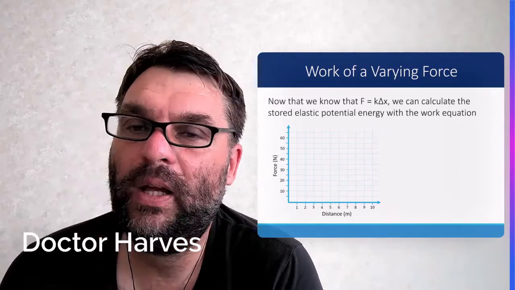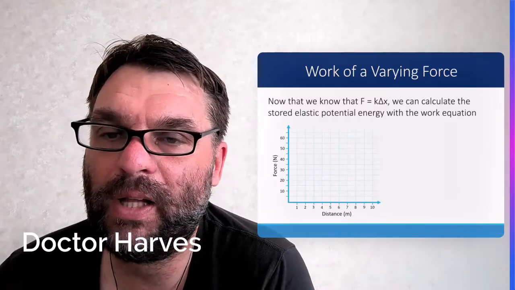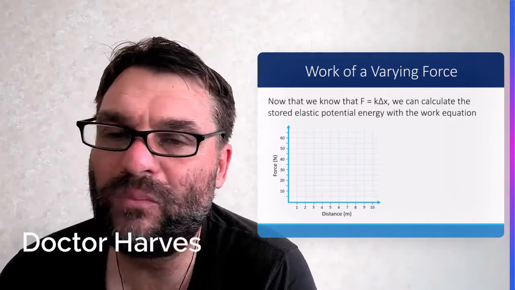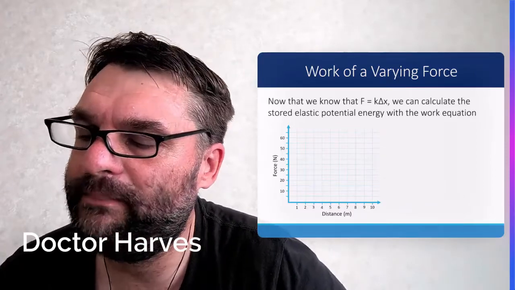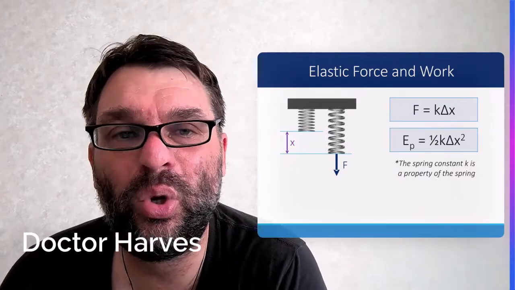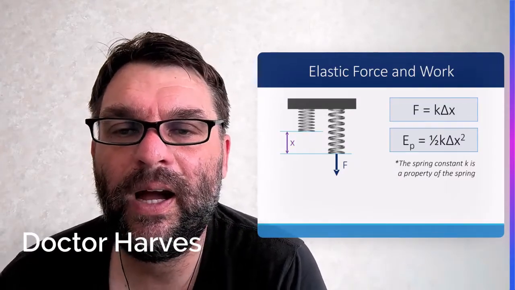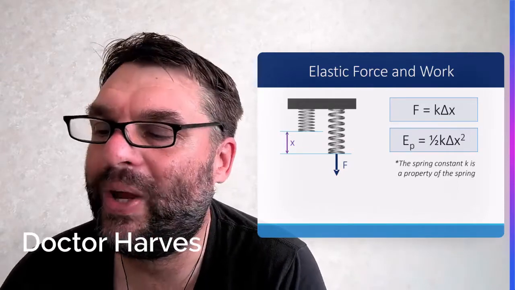So work equals half k delta x squared, and that is also going to equal the potential energy in the spring. So from Hooke's law, force equals k delta x, and the potential energy of the spring is half k delta x squared.